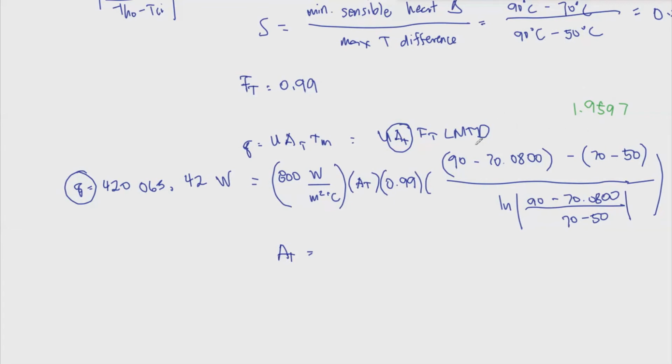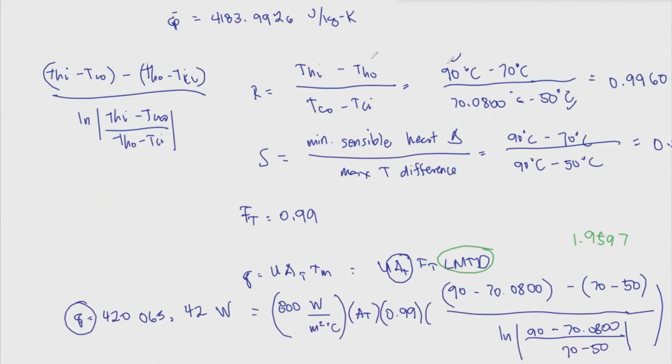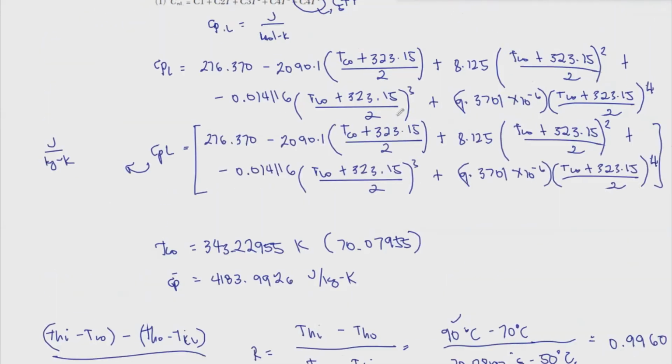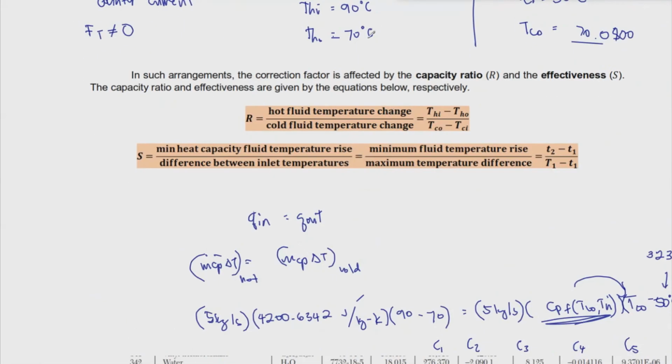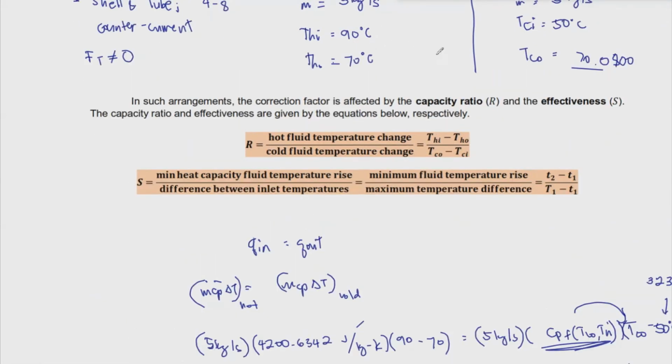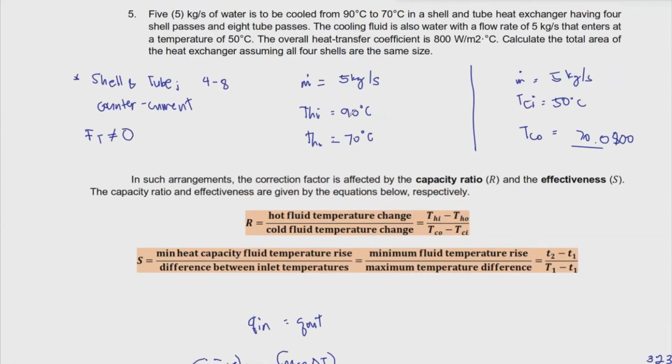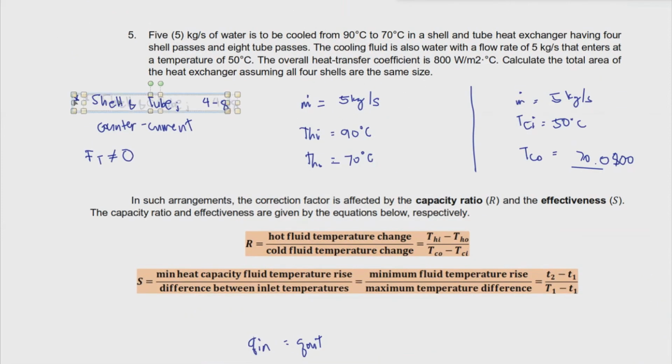So when you obtain such a very small value, there is an error in using this LMTD, because the LMTD should be close to the difference in any of the sensible heat that you consider. For example, 90 minus 70 is 20. So LMTD should lie close to those values, as for this example.